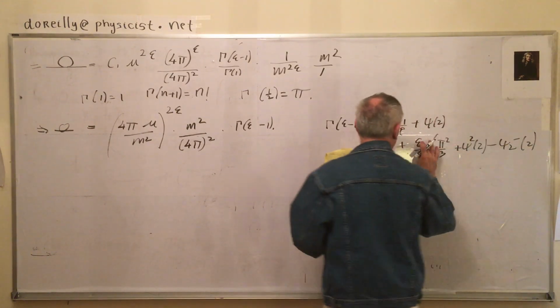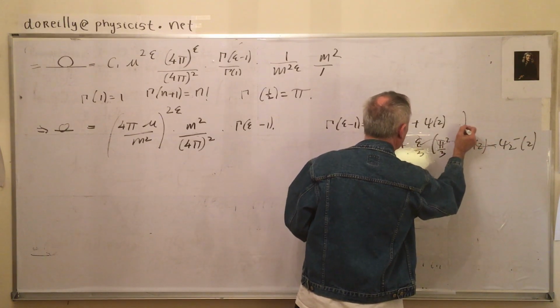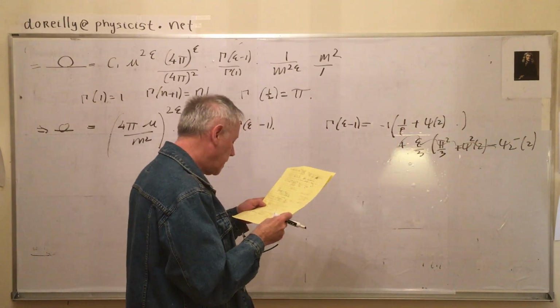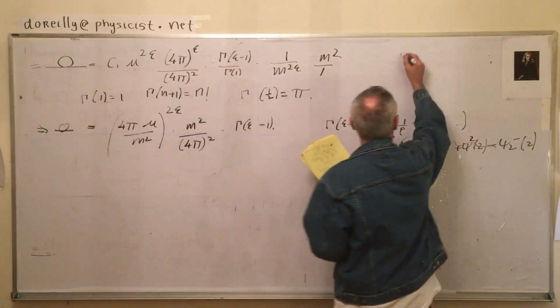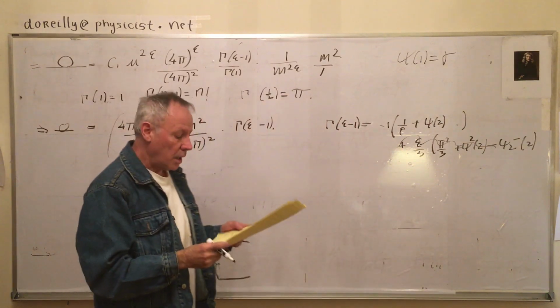Now you don't need this because epsilon is going to 0, so I'm not even going to bother with this part here. We're going to concentrate on this. And psi 2 has a particular definition. Psi 1 is equal to gamma, by the way. Gamma is known as the Euler-Mascheroni constant.